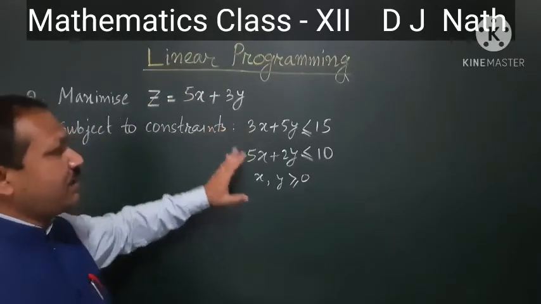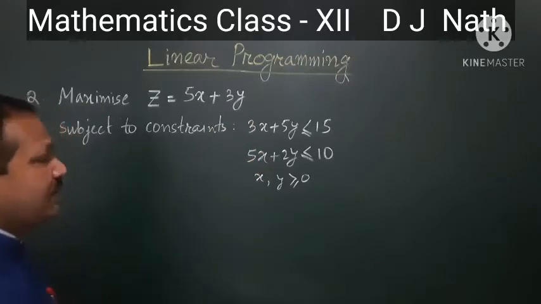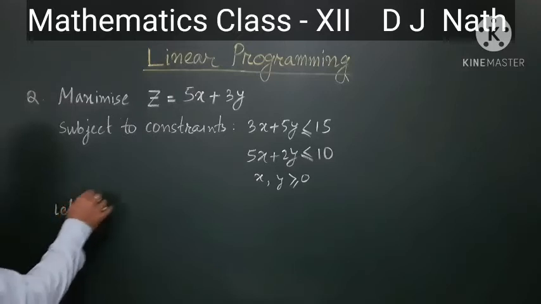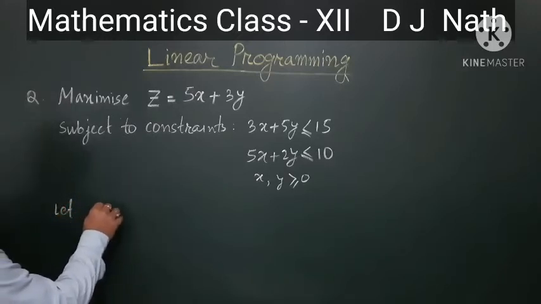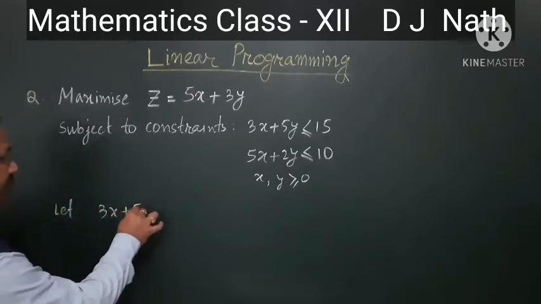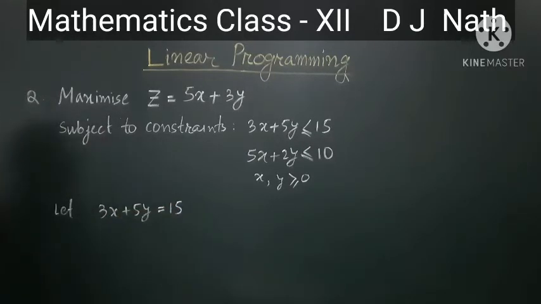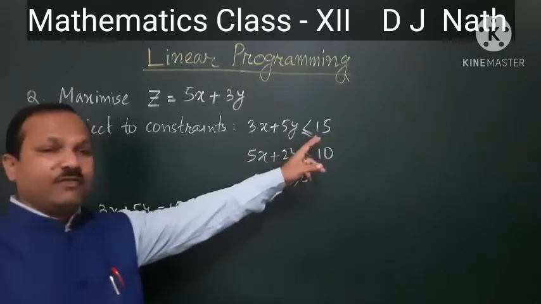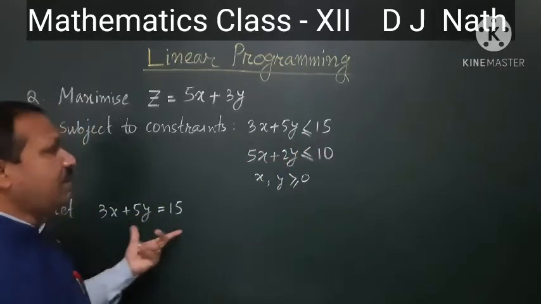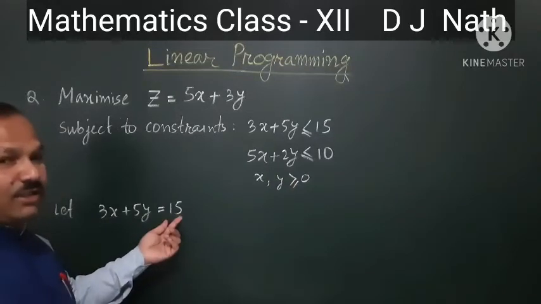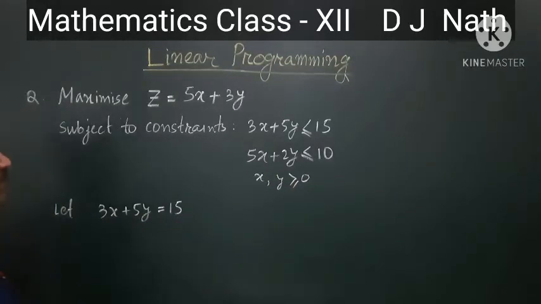So for that, what are the constraints? We will take the first constraint, 3x + 5y = 15. It is given as less than or equal to 15, but while making the line, we will have to take the linear equation, meaning equal to 15. By using that, we have to do it.